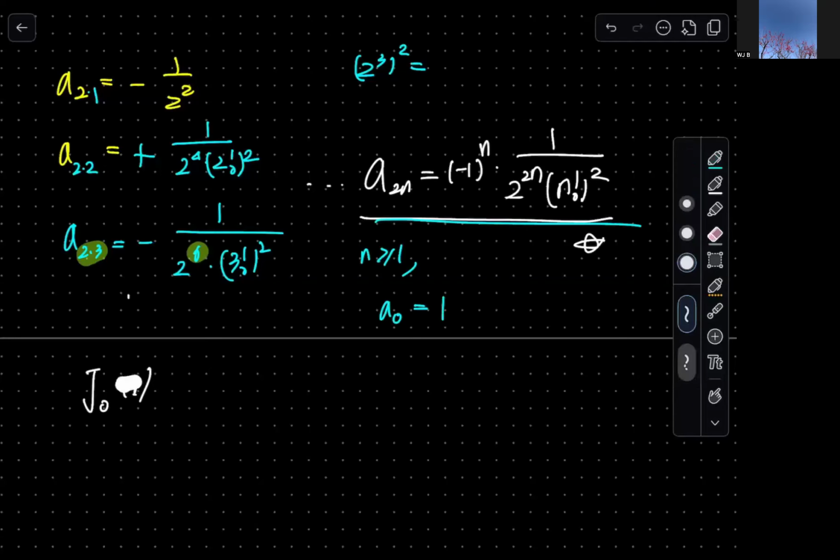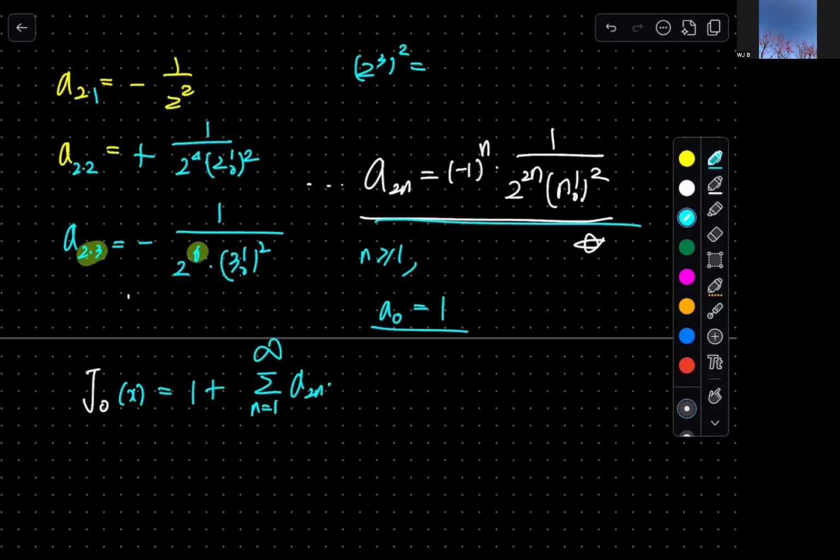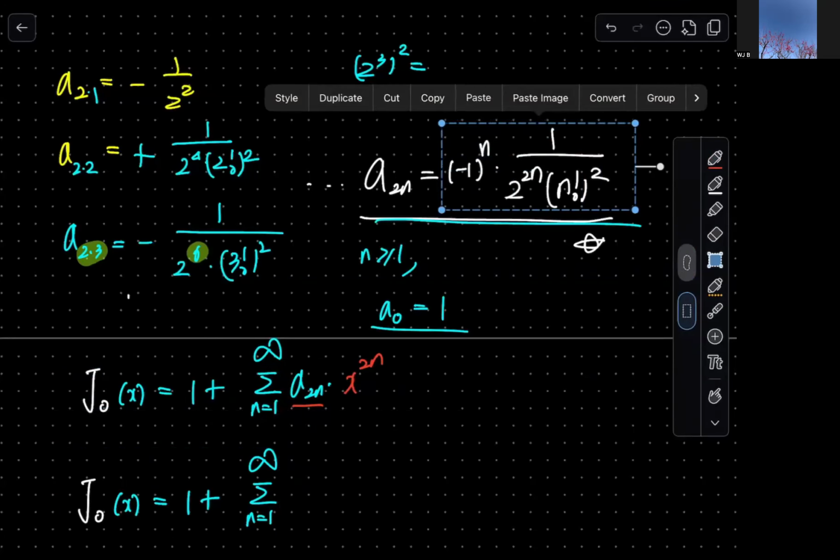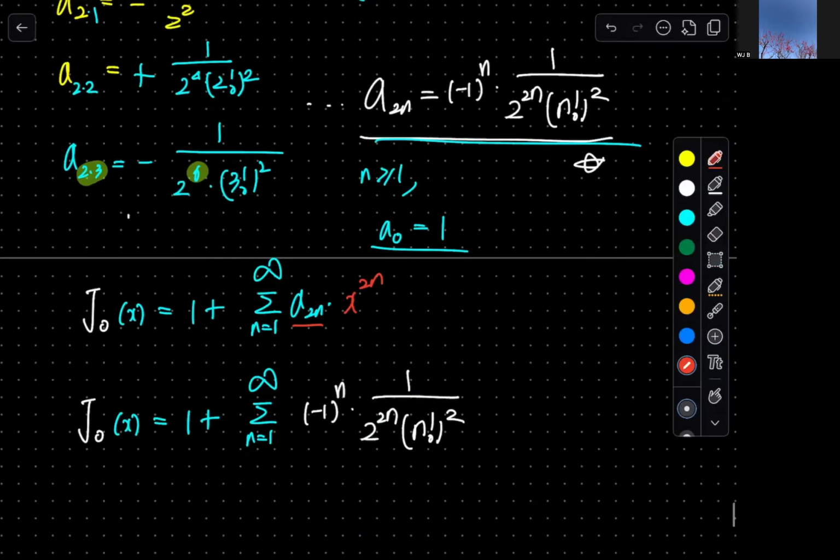So here, if I try to put this in the Maclaurin series, the initial term will represent the constant term, we have 1 plus sigma, n equal to 1 to infinity, A2n will be the coefficient of x to the power of 2n. Okay. So then that coefficient A of 2n will be replacing this, with x to the power of 2n.